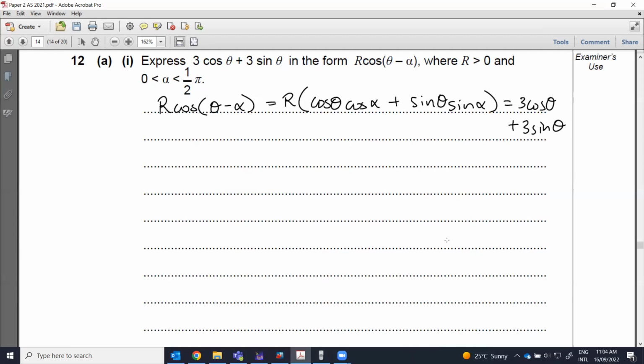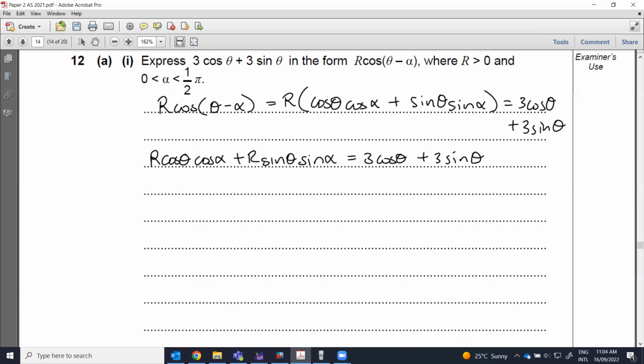Okay, so what we're going to do is multiply out the brackets and then, by comparison, solve the two. So I have r cos theta cos alpha plus r sine theta sine alpha, and this is equal to 3 cos theta plus 3 sine theta.